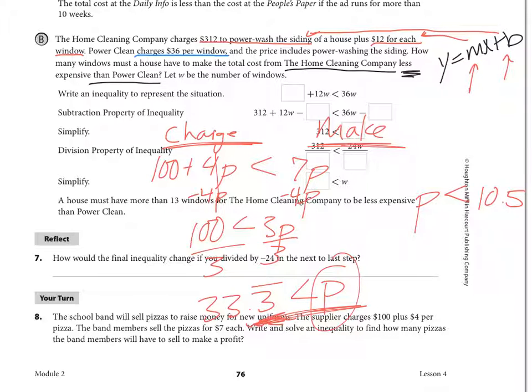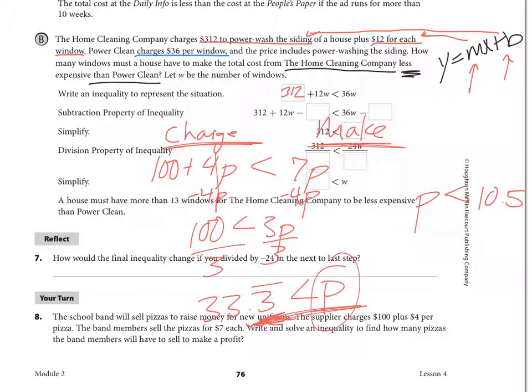So we pay $12 per window, but what else do we pay for the Home Clean? What else is added to the Home Clean cost? There you go, the $312 here. So I've got to include the $312. There was no starting cost for the Power Clean. We just paid $36 a window, period.